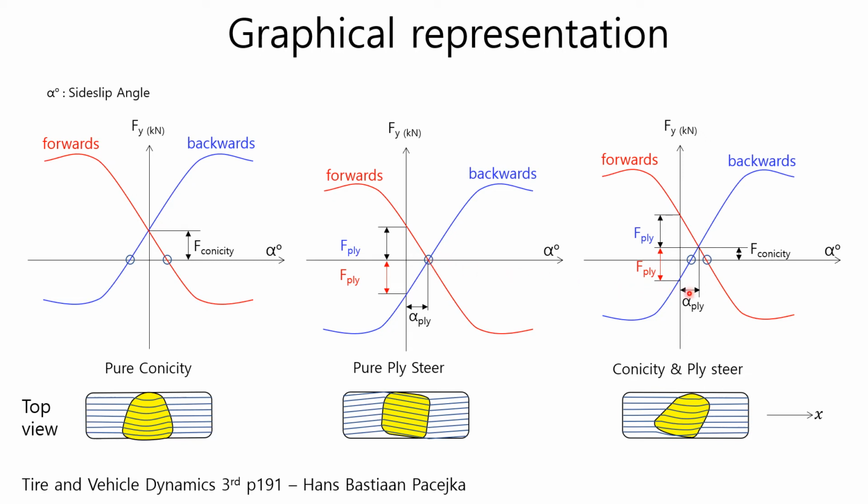When both conicity and ply steer are involved, the intersection does not exist either on the lateral force axis or on the side slip angle axis, except for the intersection on the coordinate origin. There are two intersections on the horizontal side slip angle axis.